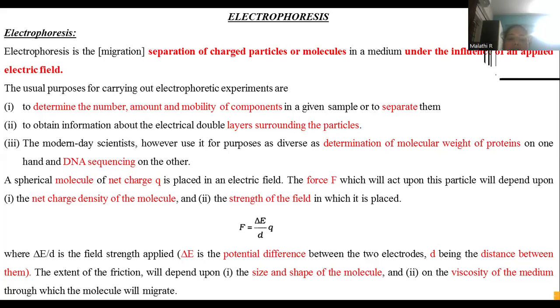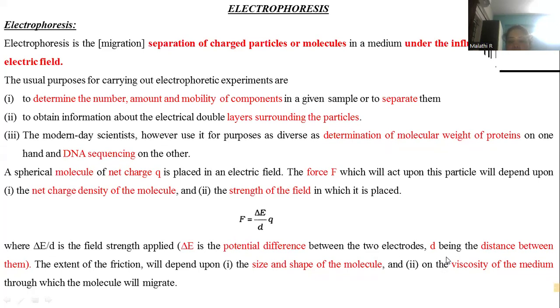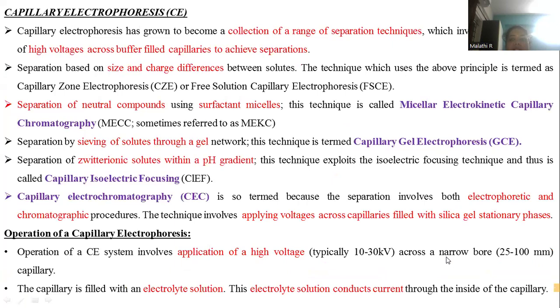So F is equal to Q times delta E divided by D, where delta E divided by D is the field strength applied, and D is the distance between the electrodes, whereas the size and shape of the molecule and the viscosity of the medium will determine the migration. Based on this only, the mobility of the charged particle takes place.